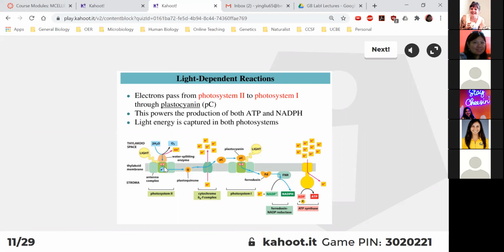In plant photosynthesis, photosystem 2 is first and photosystem 1 is second. In both photosystems, light energy is captured by chlorophyll, and the chlorophyll uses that energy to increase the energy level of some electrons and do some work.